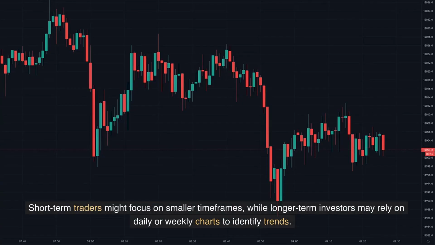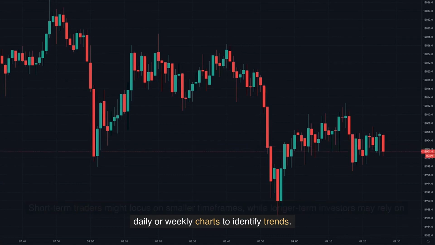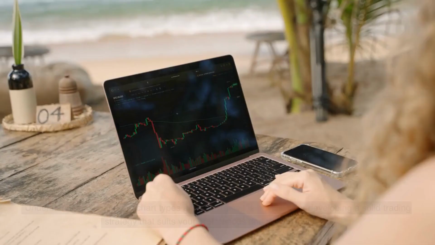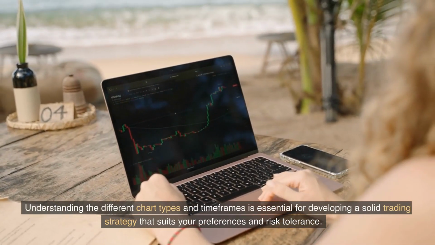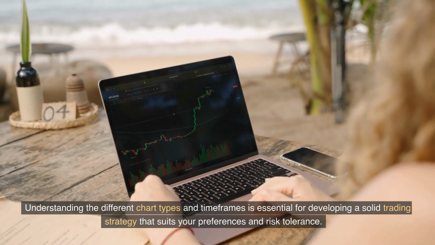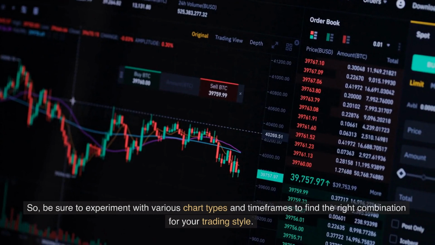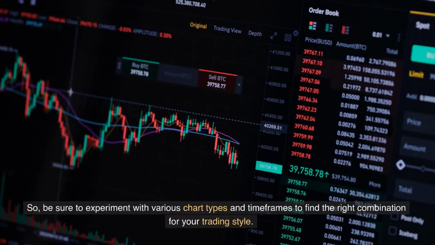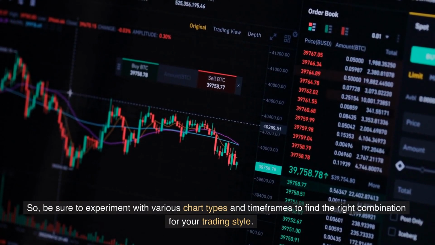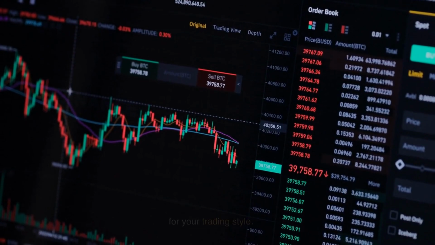Short-term traders might focus on smaller time frames, while longer-term investors may rely on daily or weekly charts to identify trends. Understanding the different chart types and time frames is essential for developing a solid trading strategy that suits your preferences and risk tolerance. So, be sure to experiment with various chart types and time frames to find the right combination for your trading style.